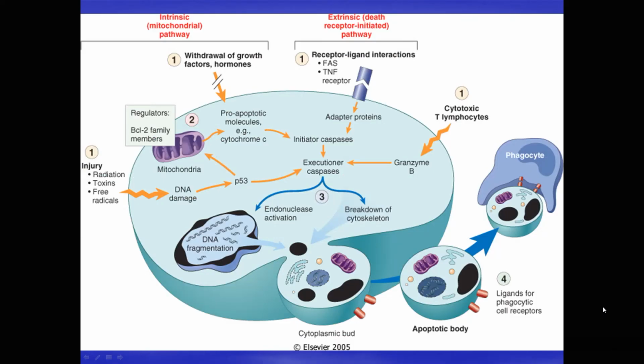Let's now consider the forms of cell death. Apoptosis represents a programmed cell death. It is involved in normal cell deletion and renewal. It represents a controlled cell destruction.